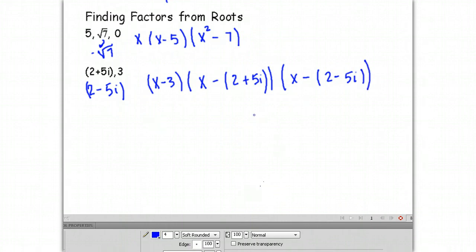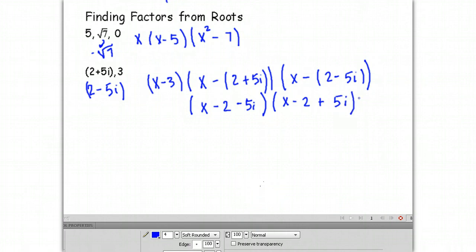Okay, so if I can go ahead and distribute through this negative and rewrite this a little bit, I'm going to actually have x minus 2 minus 5i if I distribute that negative, and then here I have x minus 2 plus 5i.